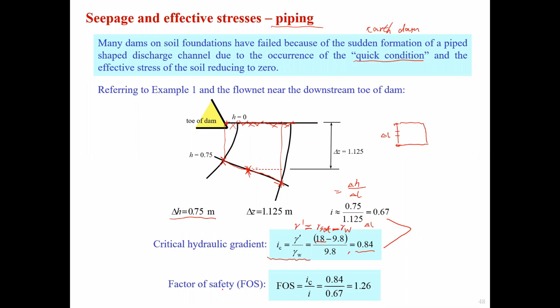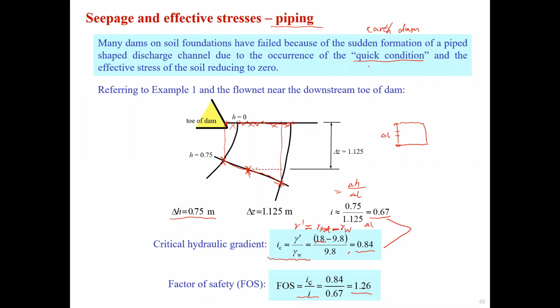So here we introduce another factor of safety, FOS, that's equal to i_c divided by i. So 1.82 divided by 0.67, so we get a ratio of 1.62. If this value is greater than 1, there's no risk for quick condition or piping, or effective stress going to zero.